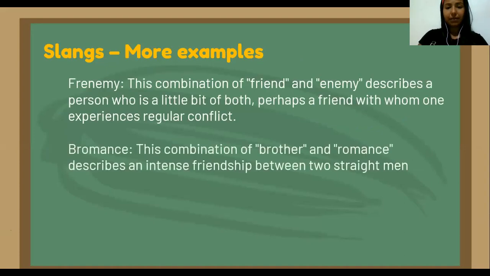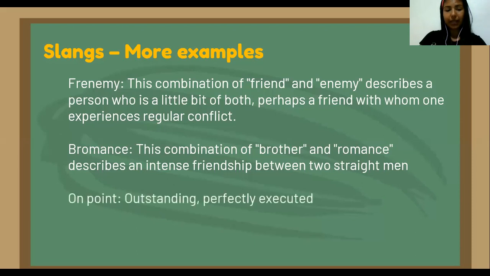For example, frenemy. This is a combination of friend and enemy that describes a person who is a little bit of both, a friend with whom one experiences regular conflict. Or for example, a bromance. This is a compound word, the combination of brother and romance, that describes an intense friendship between two men.